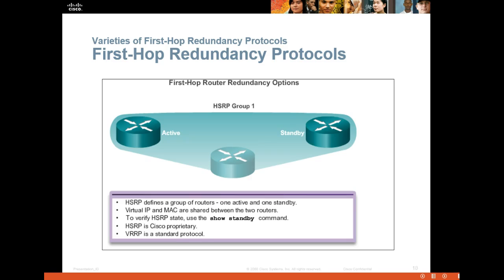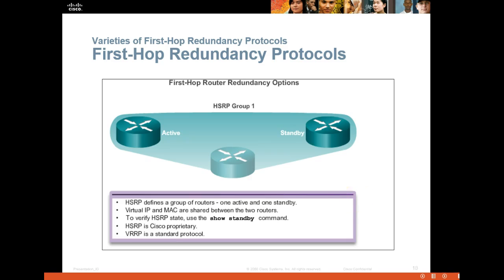But here is a different look at what happens in this topology. We have 2 active routers connected to the network, and the PCs, if there's an emergency, will be able to use either one going out. So both active routers configure a common virtual IP and MAC address, along with configuring the HSRP protocol. All right.